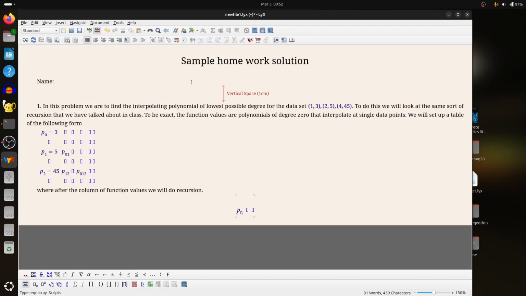P sub 01 equals, we're going to have ourselves a fraction.